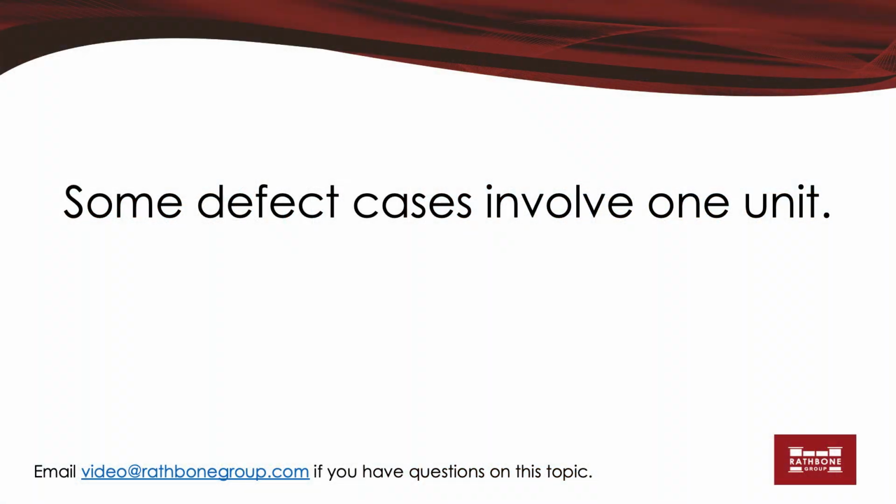Now, some product defect cases only affect one unit. So you can see about if there's a vehicle that was purchased and it has a very specific defect to that vehicle, that is a one unit product defect, and you're probably not going to see a recall on that unit.